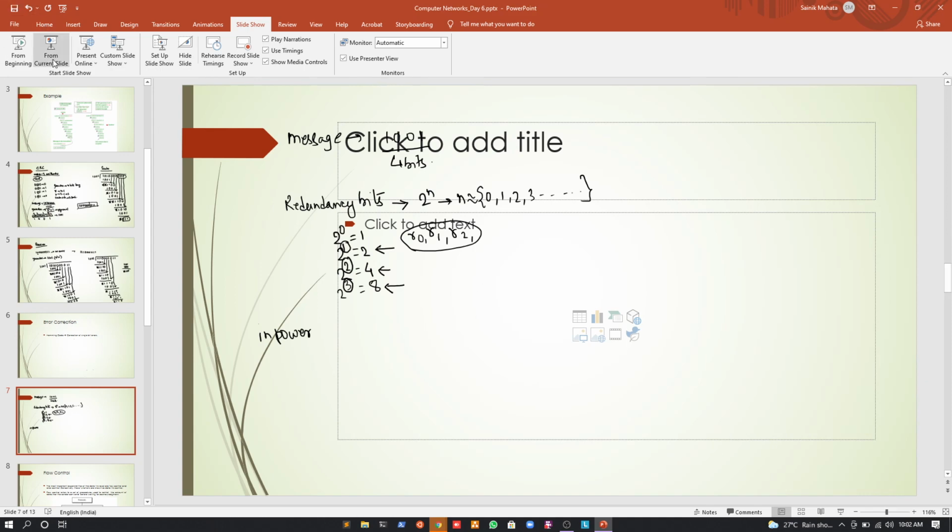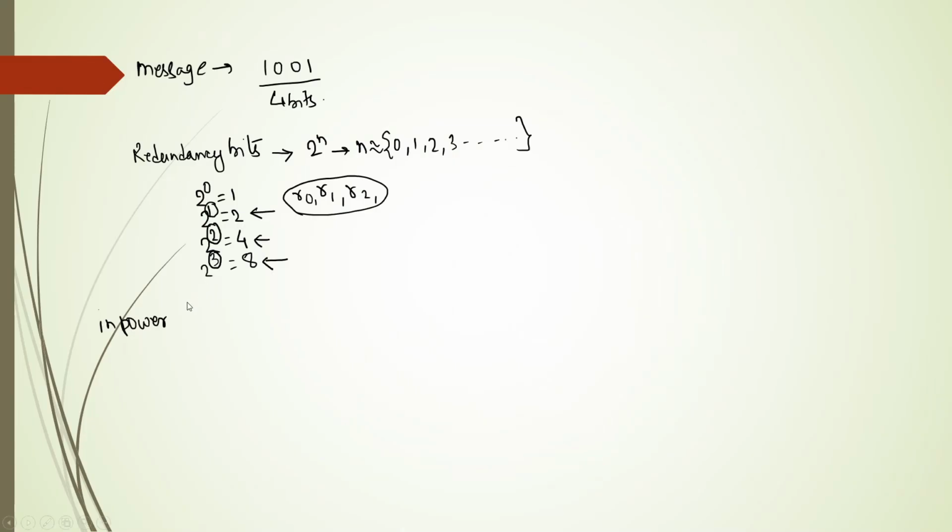So from the current slide, in power of 2, what is this? The position of R bits.